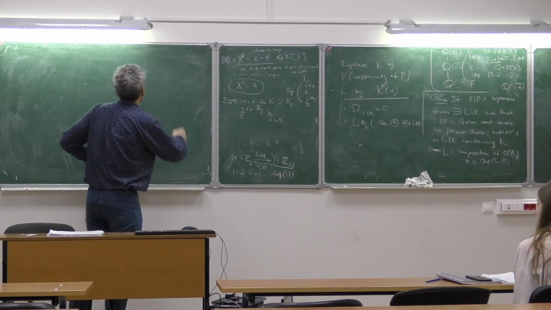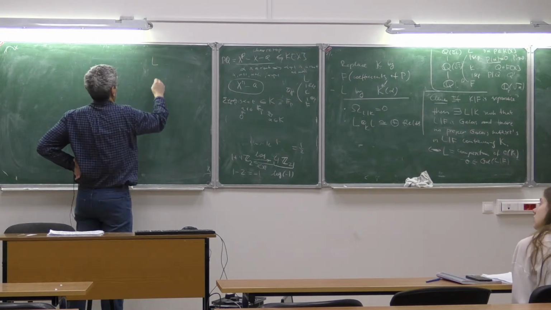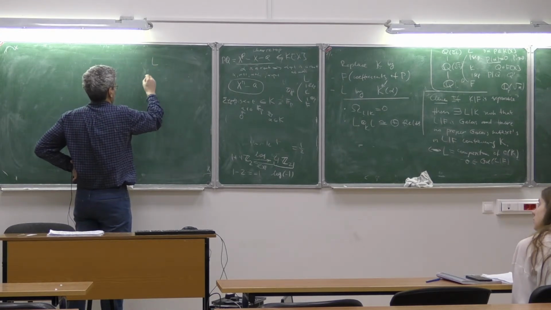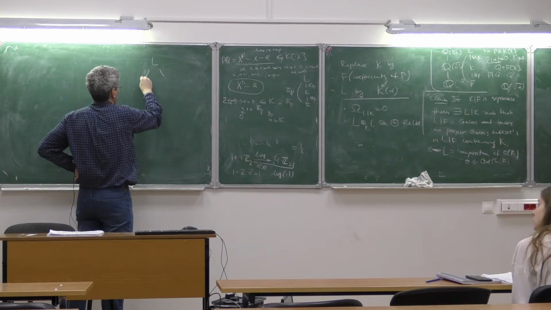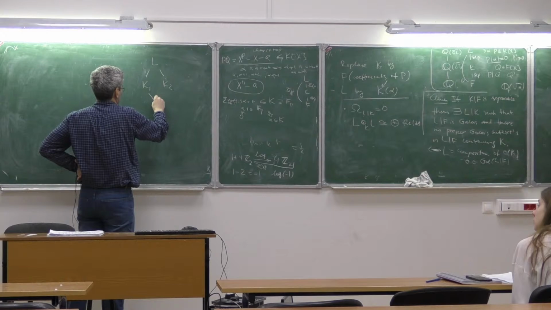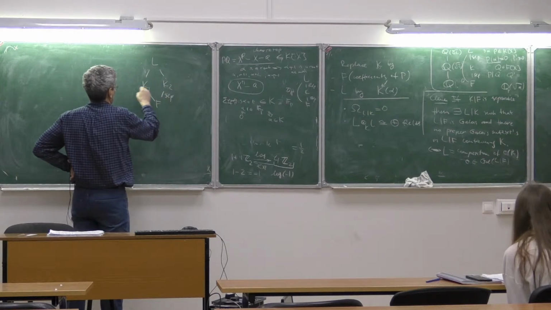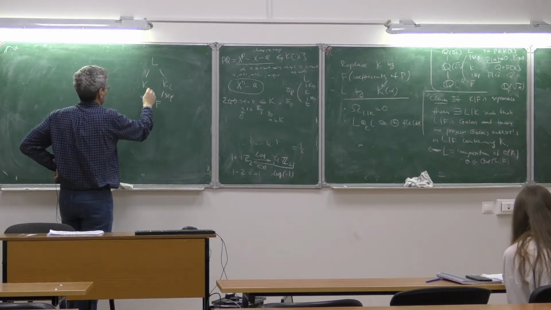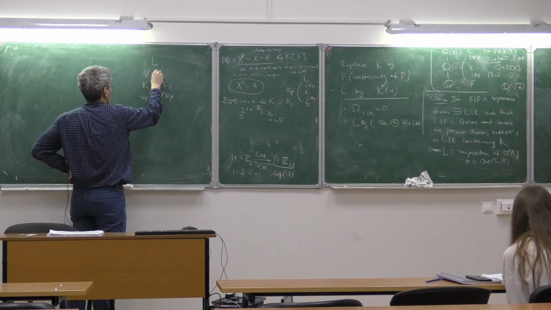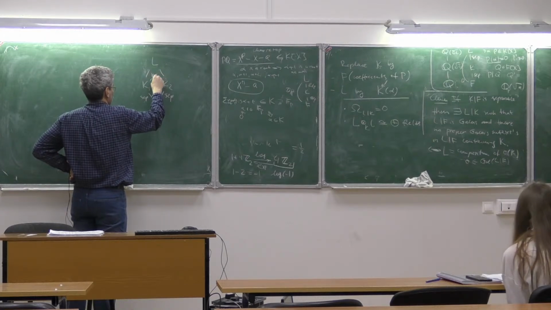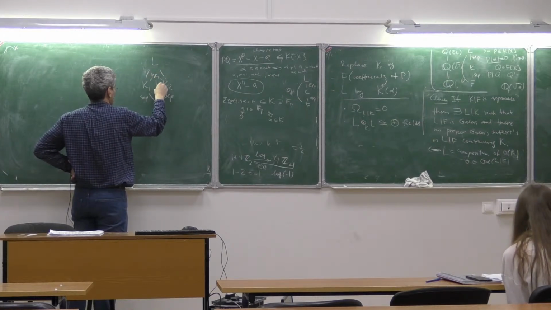So suppose we have the following diagram of fields K1, K2, F. This is separable, this is separable. Can you show that K1K2 is separable?